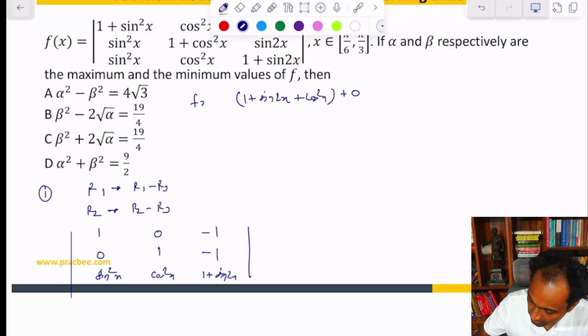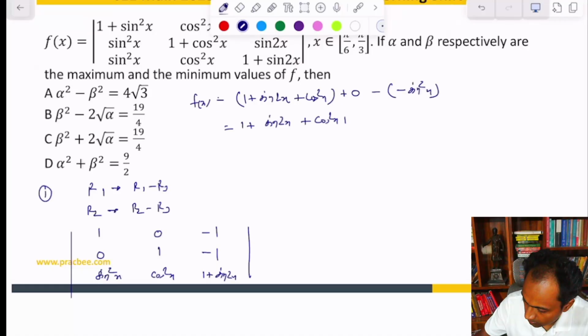So my f(x) is coming out to be, and the last will become minus times minus of sin square x. If simplified, this will become 1 plus sin 2x plus cos square x plus sin square x. Sin square x plus cos square x is equal to 1. So 2 plus sin 2x.